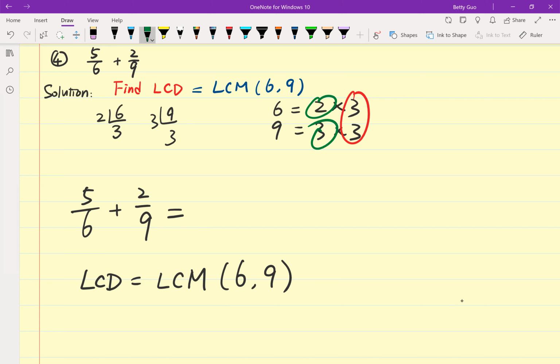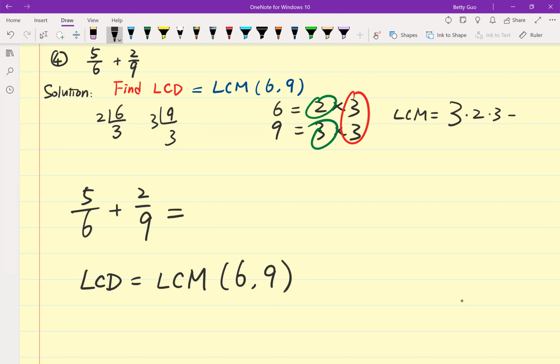Okay. And then step 3 is you are going to multiply all the bubble factors. But when it comes to common factor, you only copy the ones, right? So in the red bubble, you have 2 3s, correct? But you only write the ones. In the green bubble, you have 2, you have 3, right?